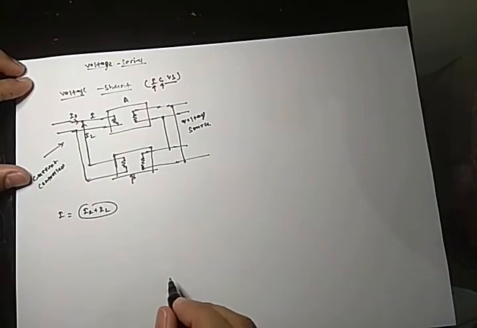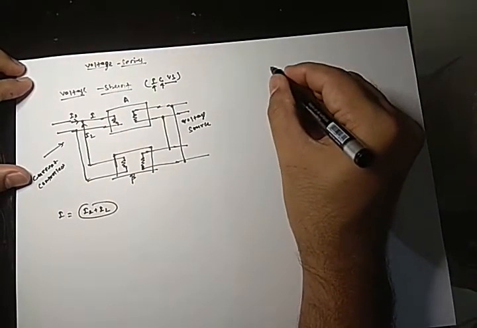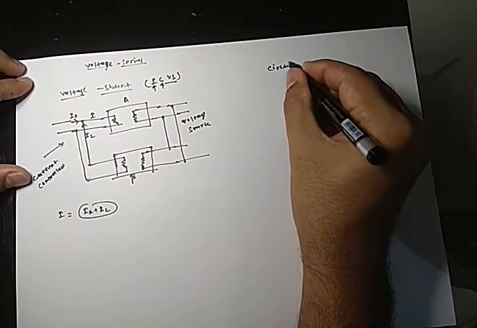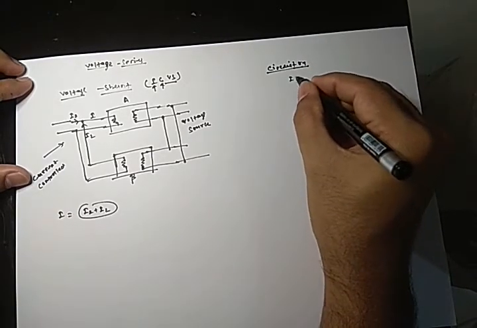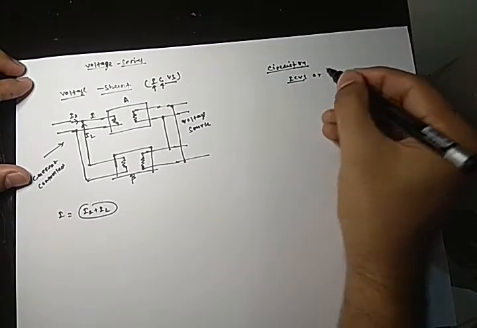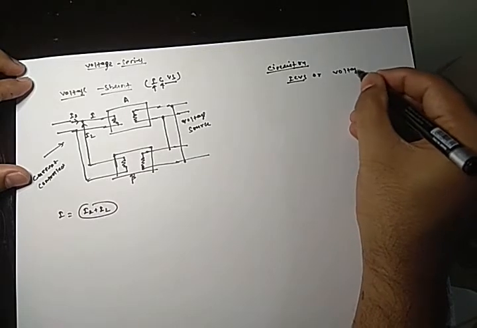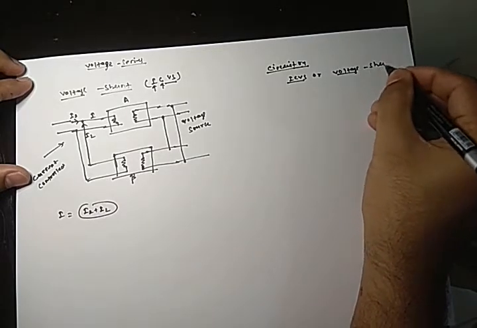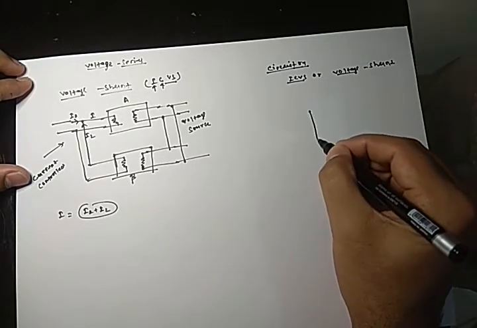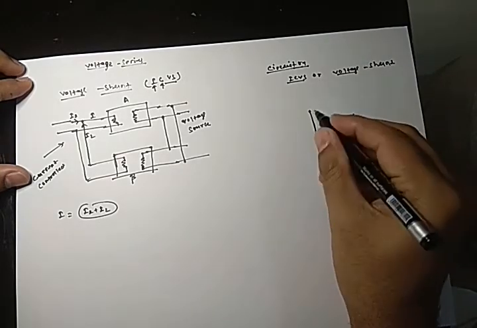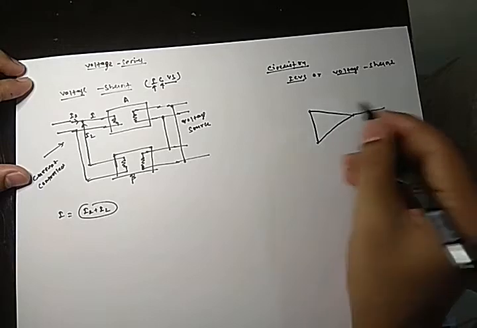Now if we look circuit wise, circuitry related to ICVS or voltage shunt, we will just draw one circuit.